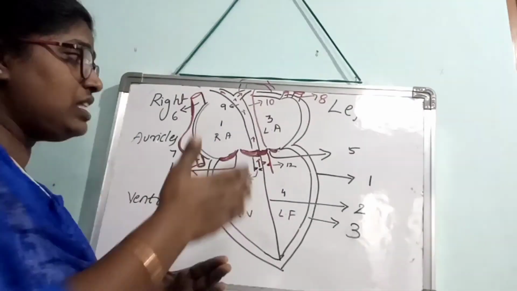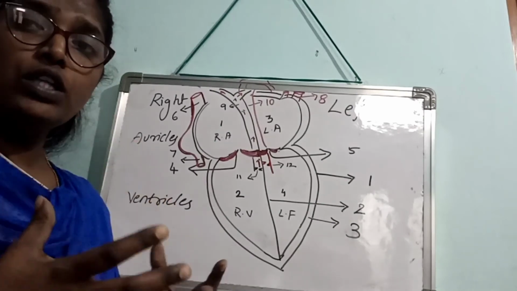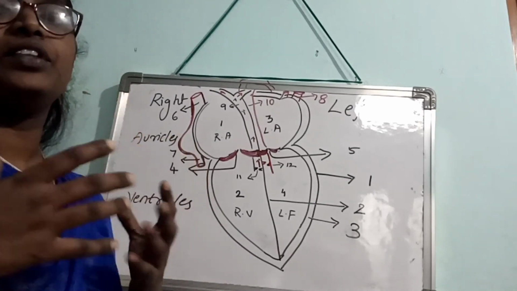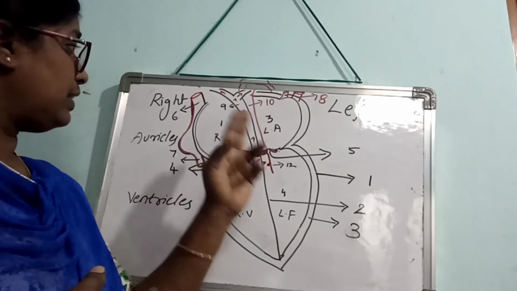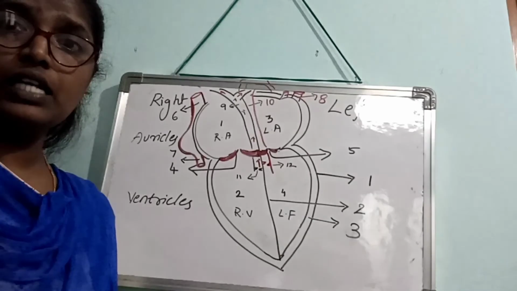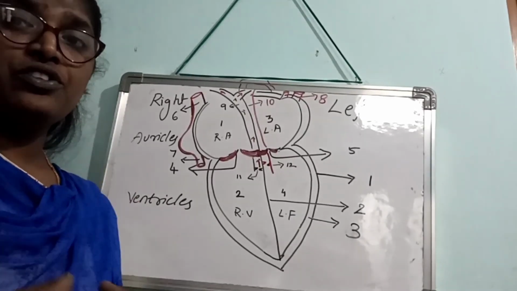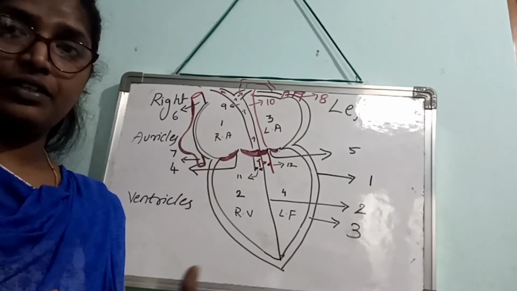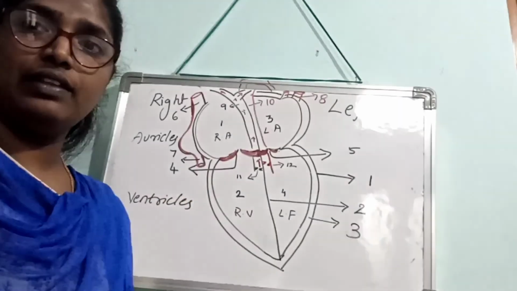That is the reason the walls of auricles are thinner than the walls of the ventricles. Is it clear? The structure of the heart? So try to draw the structure in the homework book 2 or 3 times, practice it and learn the labeling perfectly. Okay, thank you children.